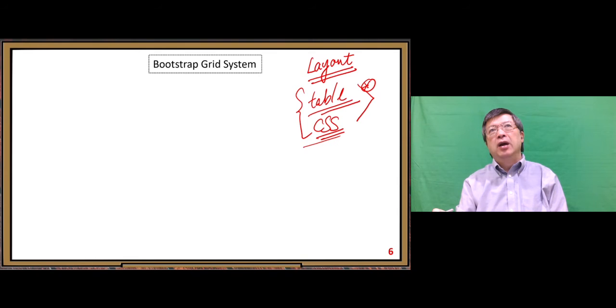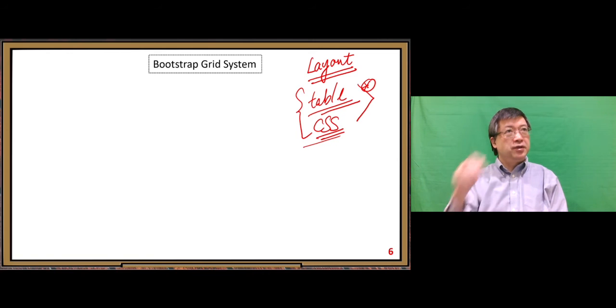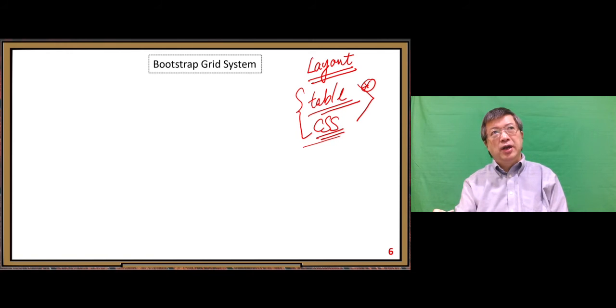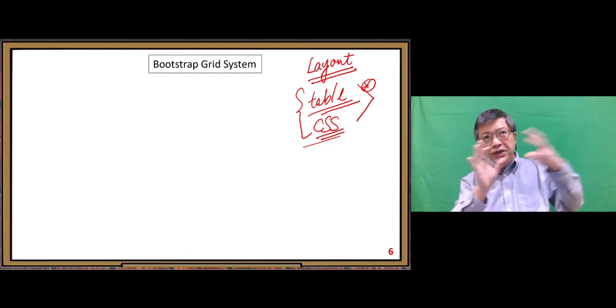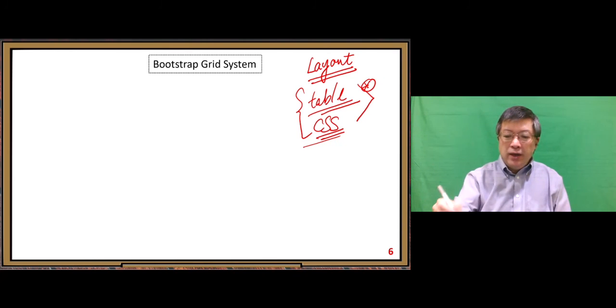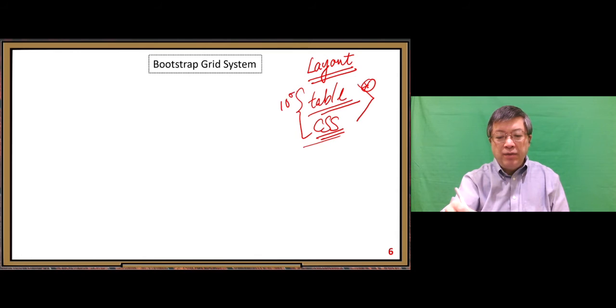But a good use of tables is still okay. So that is my experience. My recommendation is we should combine these two: approximately 10% table, 90% CSS way.